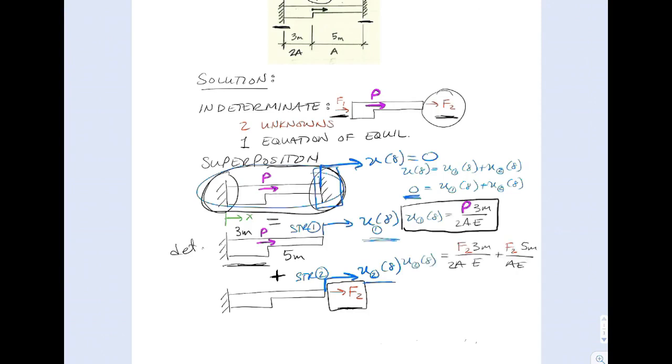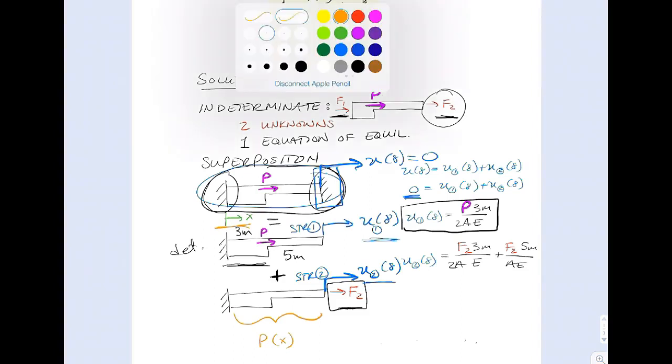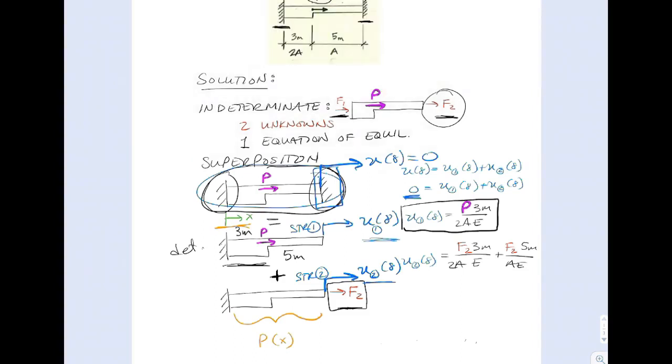In structure 2, I'm going to use the internal force. We solve for the internal force along the length of the member by taking out the blue saw. So there would be our P of X, and there's our X coordinate. We would find that the internal axial force is constant. It's just going to be the value F2.